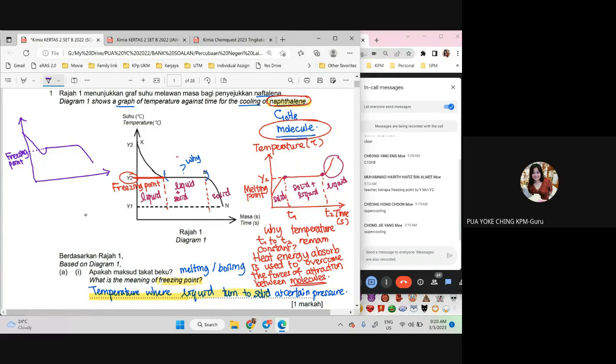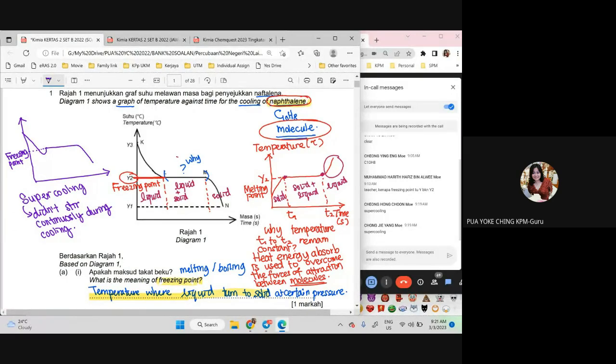Super cooling only occurs in the cooling curve, because the temperature drops drastically, because you did not stir continuously during cooling when doing the experiment.